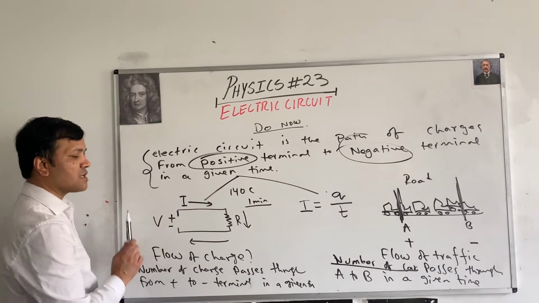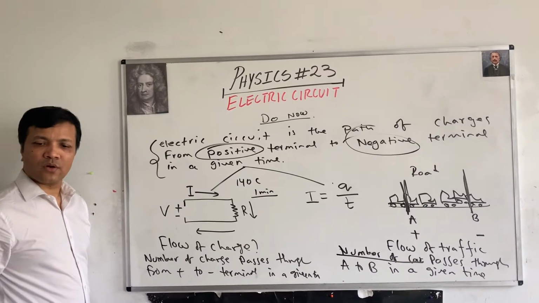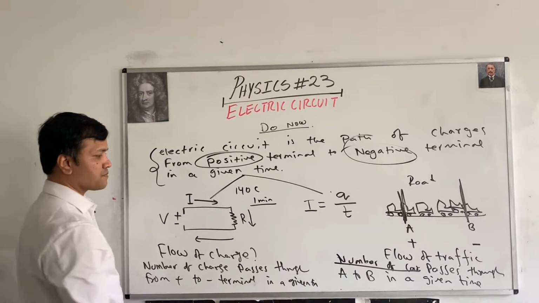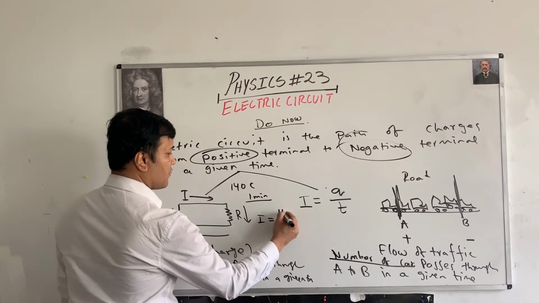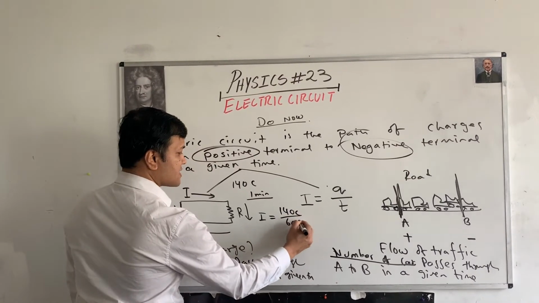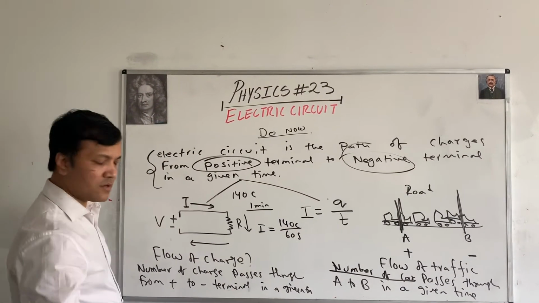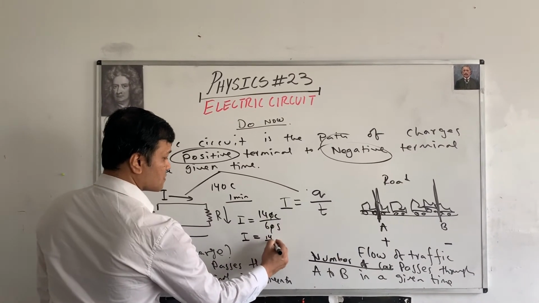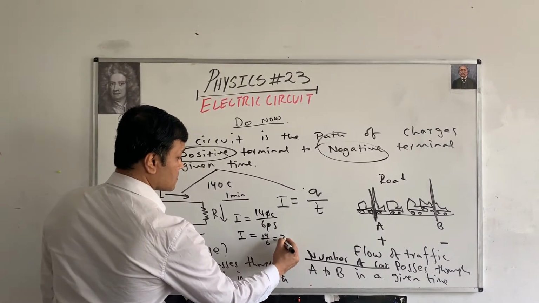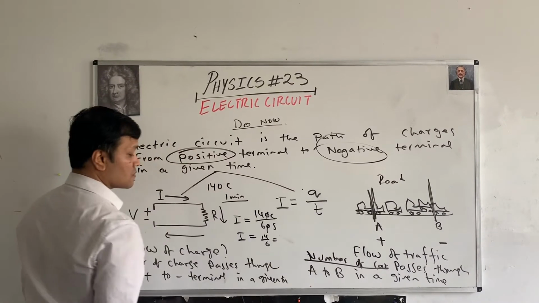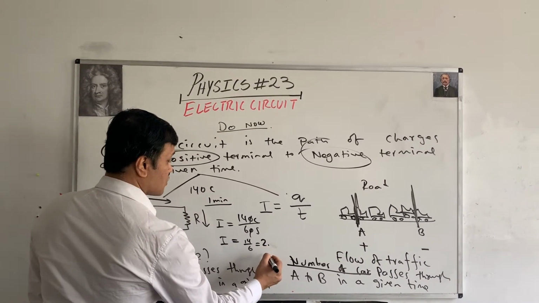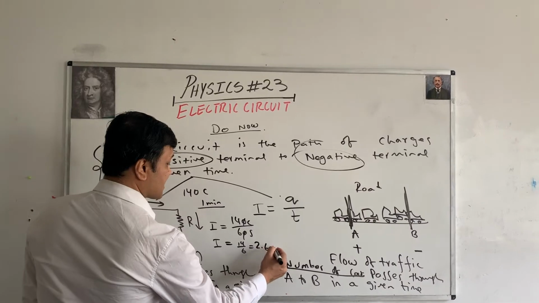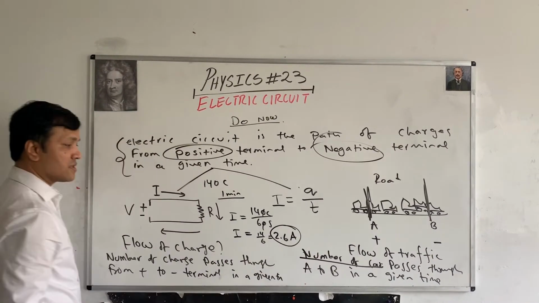What would be the current? Quickly tell me. 140 coulomb over 60 seconds. If you have a calculator, 14 over 6, so about 2.3 or 2.6 amps. You must say the unit.